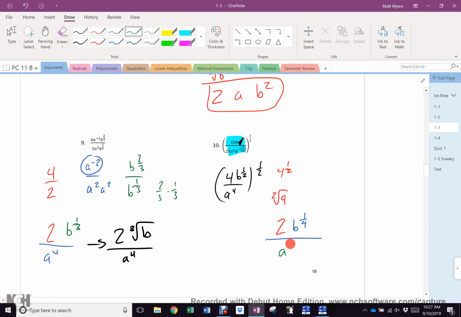A squared. Can I leave it like that, or is there another way I could write it? What's the other way I could write it? 4th root of B over A squared.